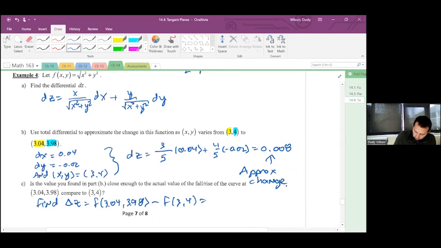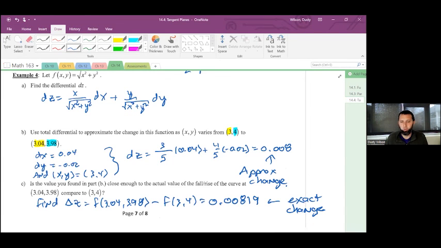And all that, to 5 decimal places, is 0.00819. This is our exact change. So we're wanting to know, are these things comparable? Yes, I think that the total differential is comparable to the actual change in the function.